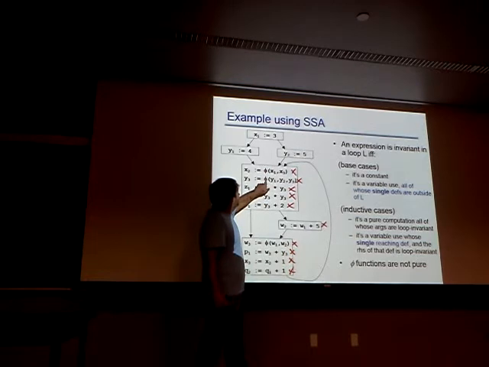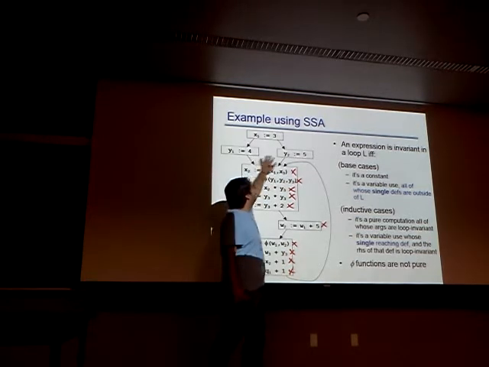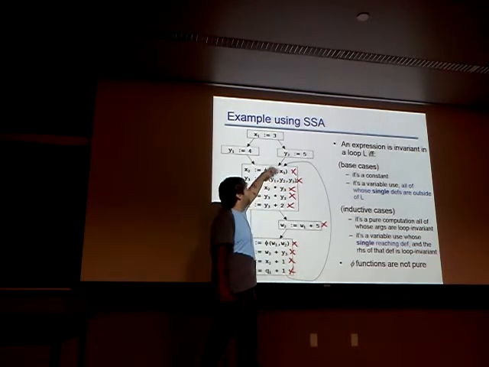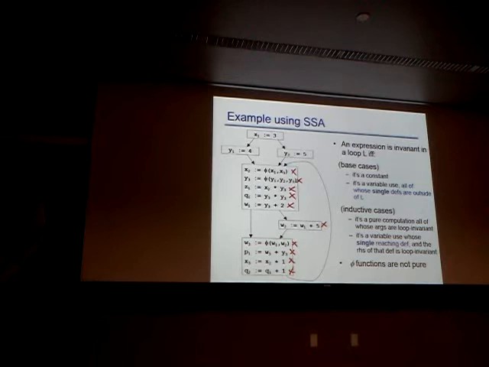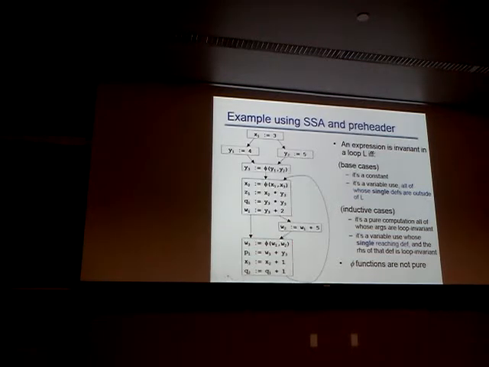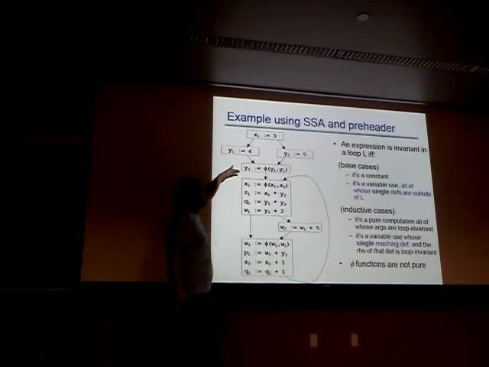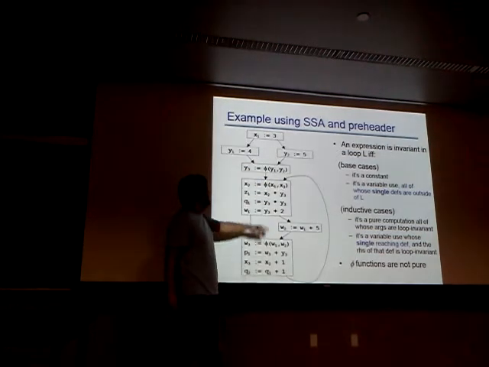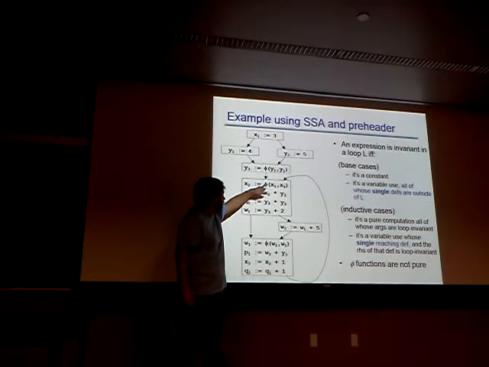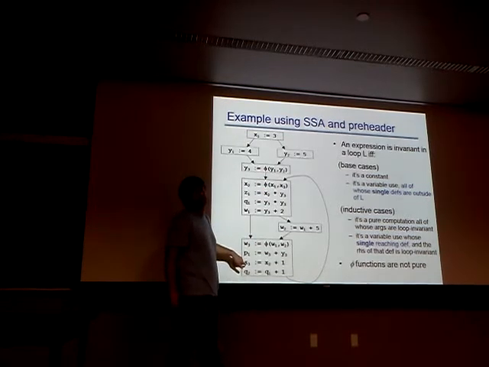But this phi node for Y is only meant to merge Y1 and Y2 before the loop executes. You don't need to run this phi node every time around the loop. So in fact, the way to actually do this is like this. Y1 and Y2 are being defined in the branch before the loop, and then you want to merge them once before you get into the loop, and then you use Y3 everywhere else. This phi node for X really has to stay in the loop because you're actually redefining X inside the loop. Okay?